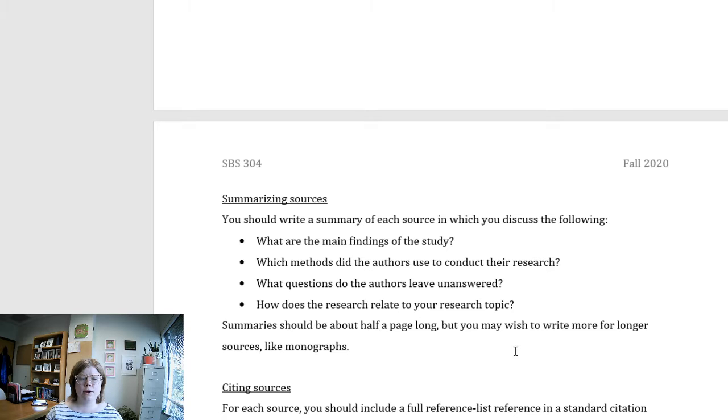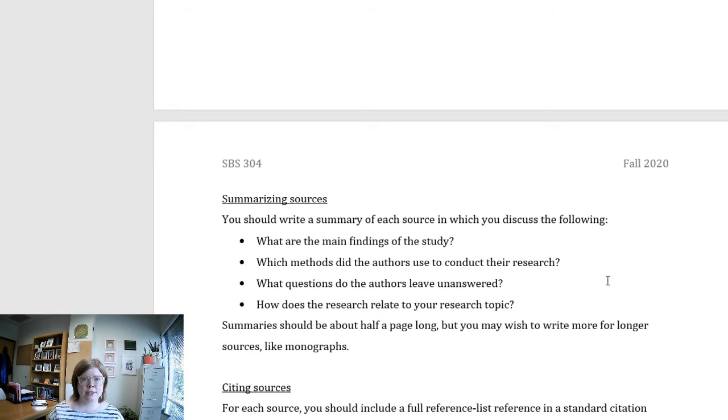So you're generally going to find the main findings of the research in the last section, the discussion section. There the authors will summarize kind of what we found and what we learned. You're going to learn about the methods in the methodology section. And you're going to learn about what questions the authors left unanswered in that last section again.